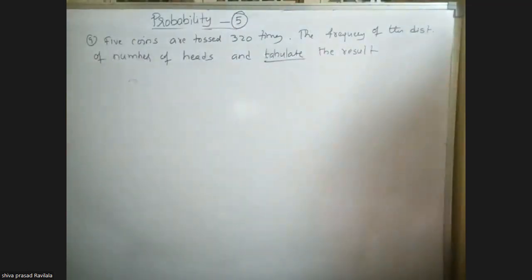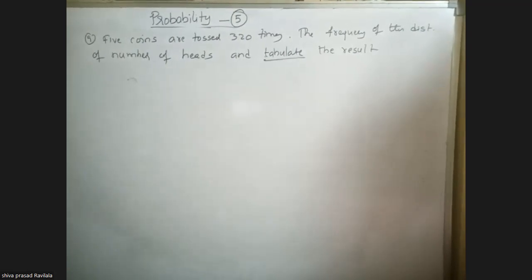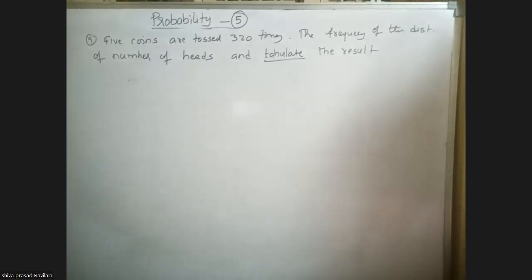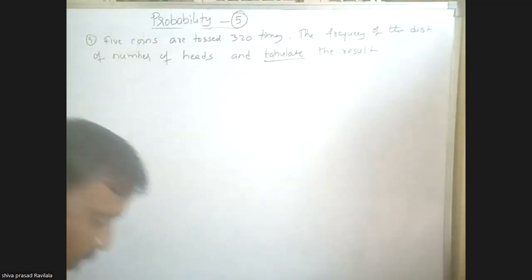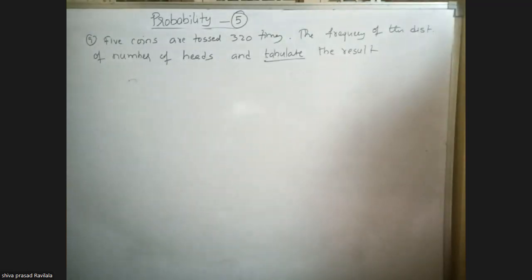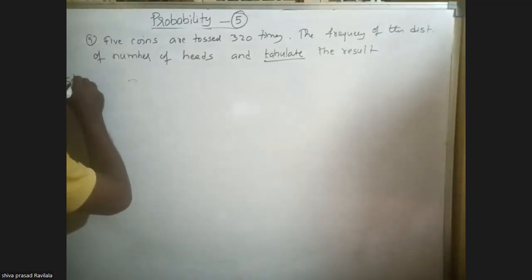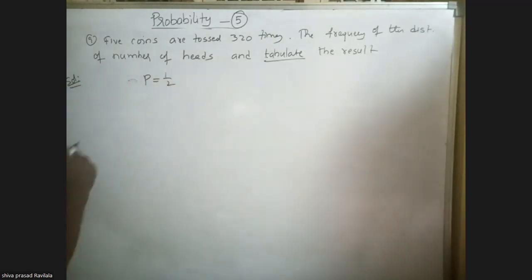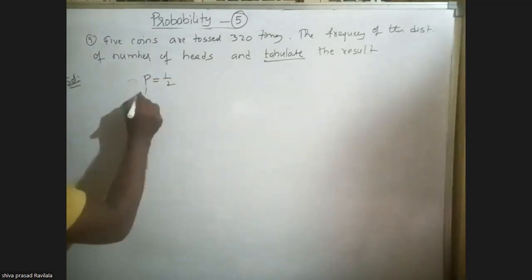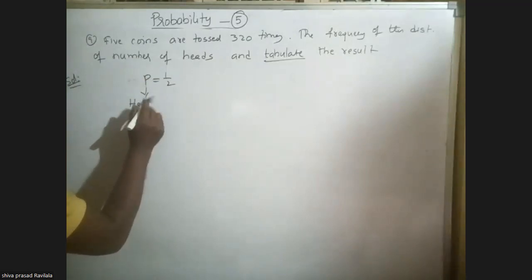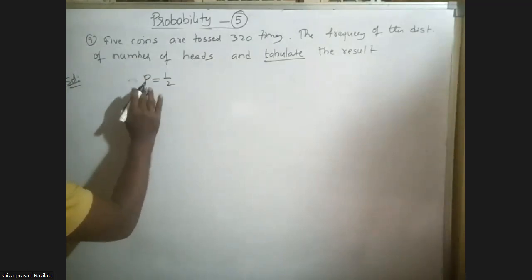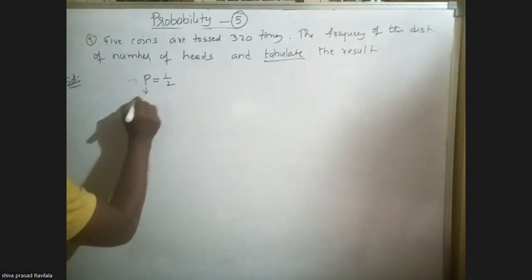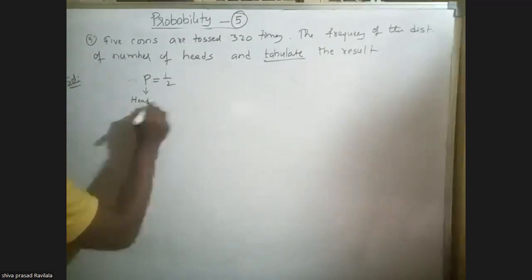Tabulate the result. Now tell me, 5 coins are tossed. How many times? 320 times. And what is the value of n here? A coin is tossed, so we can say directly: I am writing p is equal to 1 by 2, the probability of getting head.